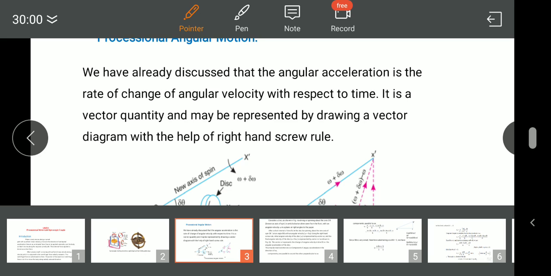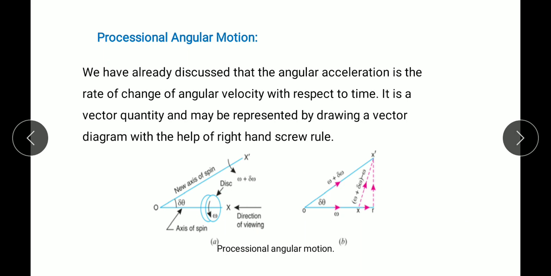The disk is rotating with angular velocity omega. Here OX is the axis of spin, and OX dash is the new axis of spin. Here we see the change in angular velocity.